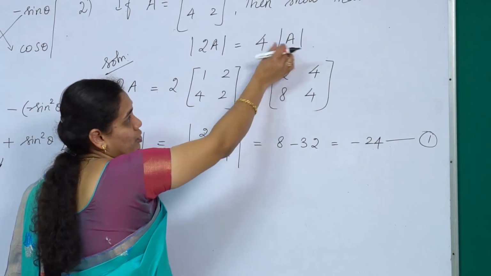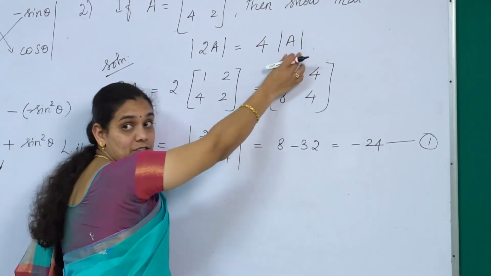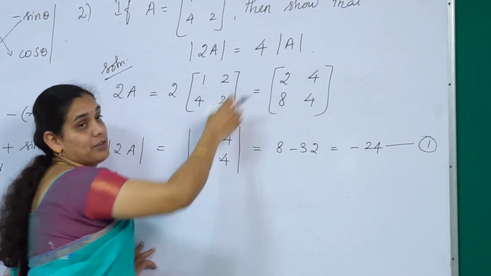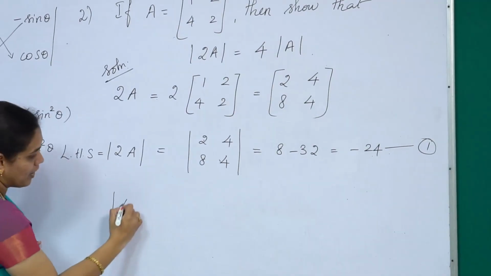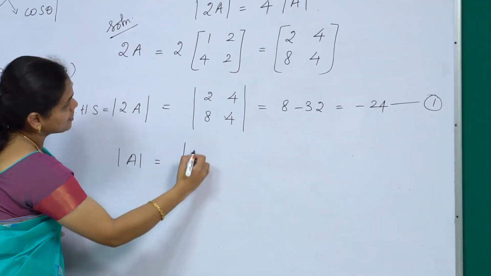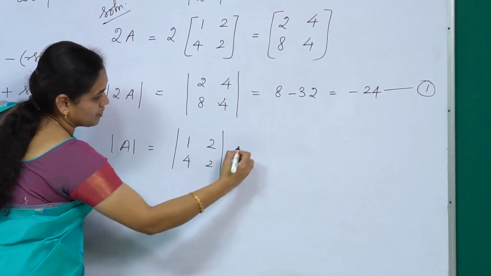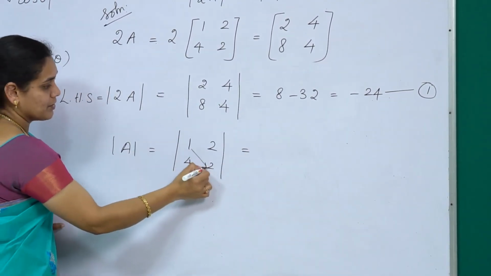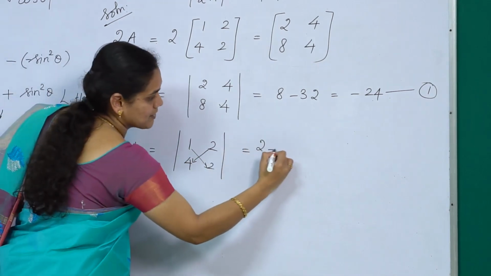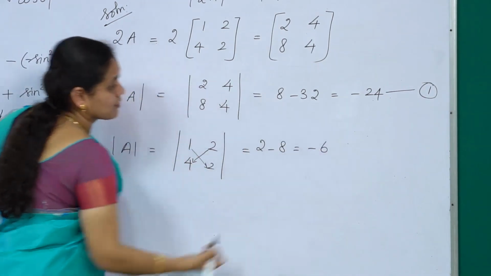So, in RHS, 4 times determinant of A. First, let us find out determinant of A, then we multiply with 4. So, determinant of A is determinant of 1, 2, 4, 2. If you cross multiply, we get 2 minus 8, that is minus 6.